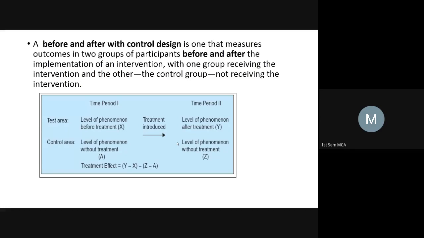Next, you have two different phases, a before and after with control design, which can measure in two groups of participants. So before and after the implementation of the intervention, with one group receiving the intervention and the other group not receiving the intervention.